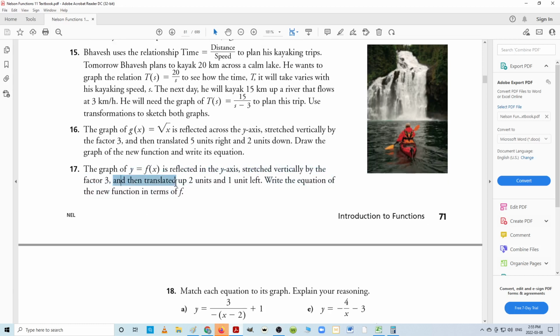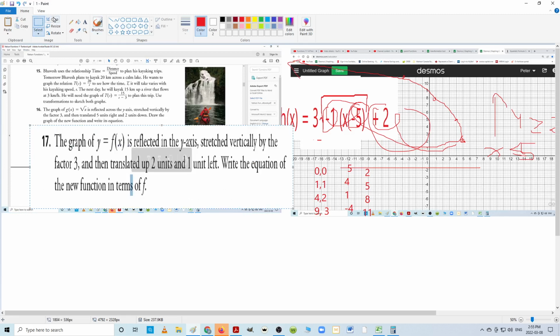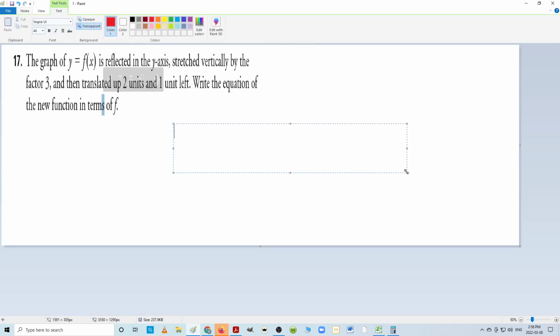Now stretch vertically and translate, and write the equation of the new function. Okay, and I'm not going to graph that one. And I might just cut down on the graphing just to save time. Okay. So the new function, g of x, is equal to 3 f of x plus 1, because it went 1 to the left, and then plus 2.